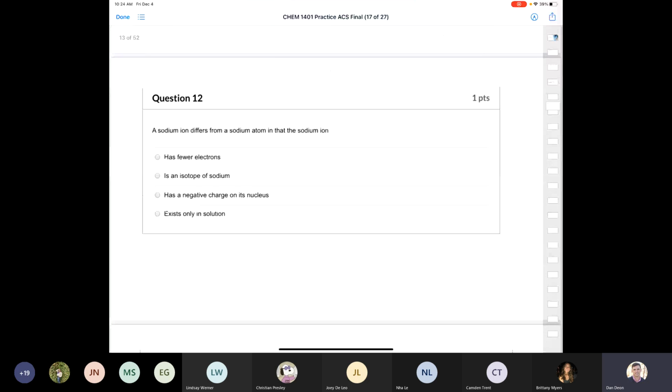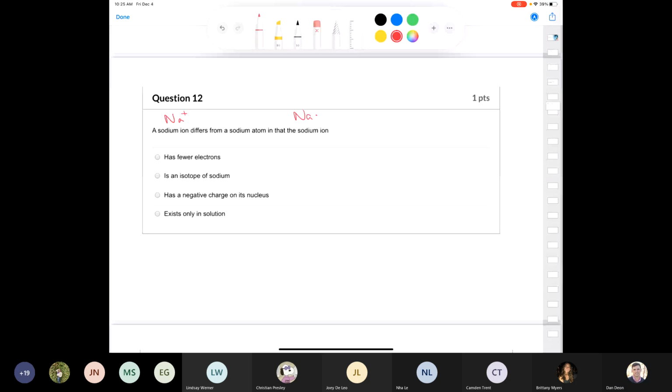Okay. A sodium atom differs from a sodium ion. Well, a sodium ion is Na+, right? Because sodium is in group 1A, it will lose 1 electron to become isoelectronic with neon. A sodium atom is simply sodium with 1 valence electron. A sodium ion has fewer electrons. Is an isotope?